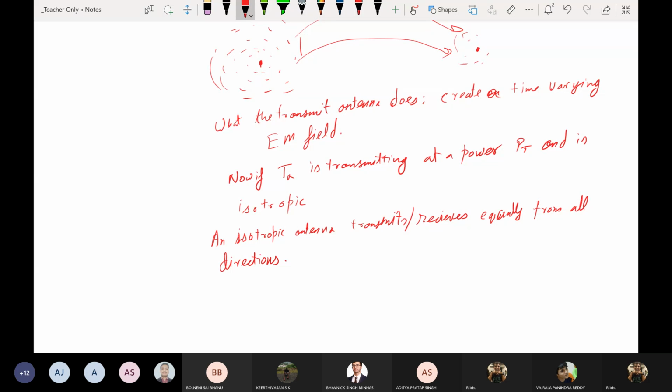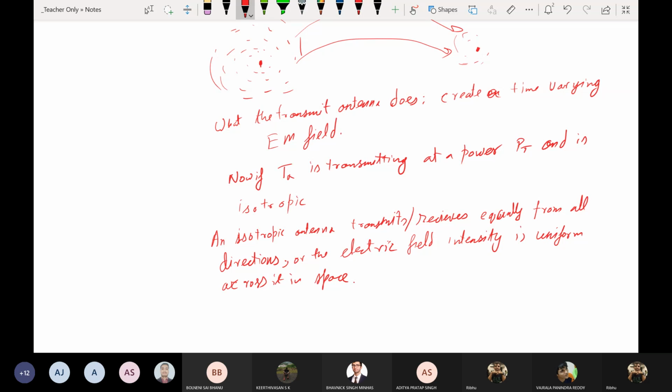Since I'll only talk about the electric field, the intensity is uniform across it in space. This is an isotropic antenna by definition.